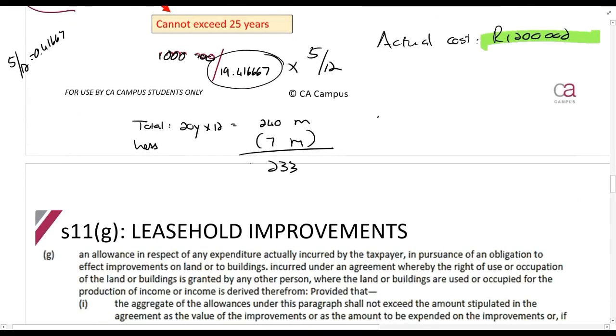So you can then say 1 million divided by 233 times 5. Gives us 21459. And 1 million divided by 19.4166666 times 5 over 12 gives us 21459. You can use either one of these methods, guys.